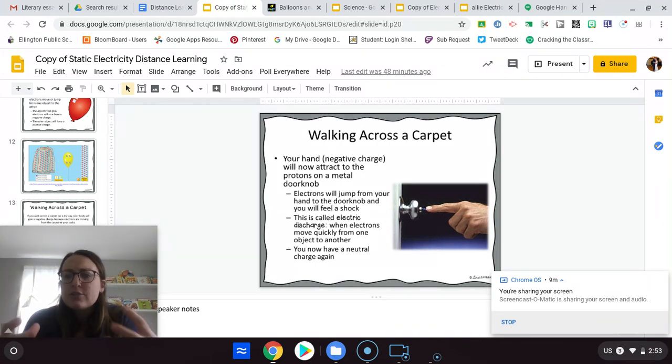And to get static electricity, that zap, you need to make sure you're touching something electricity likes, and that's going to come up in future lessons about conductors and insulators: conductors are things electricity likes, and insulators are things they don't like. So if I created it and all of a sudden I touched something else and it didn't do it, the electrons are still leaving your body. It's just not a force that you feel, the zap, because it's not something it's attracted to.